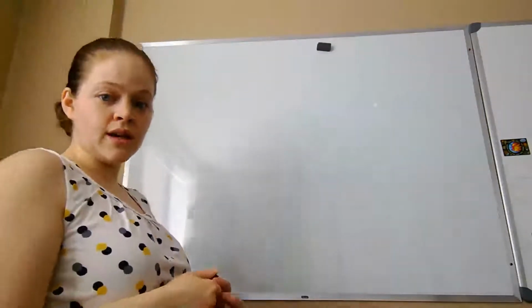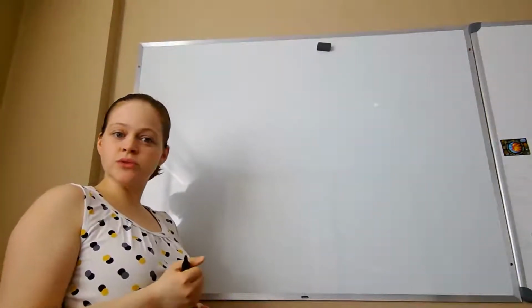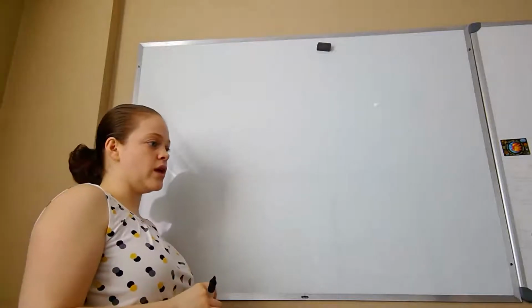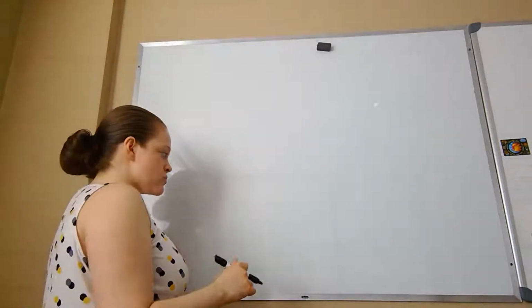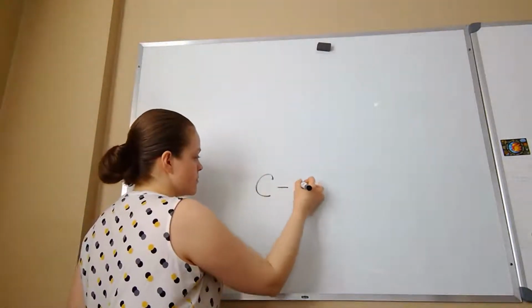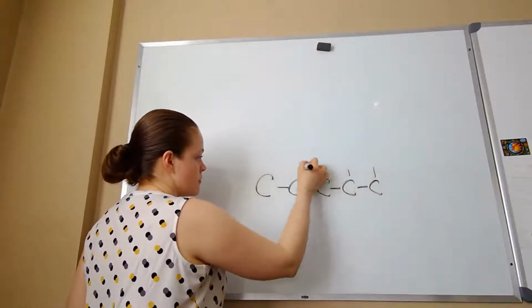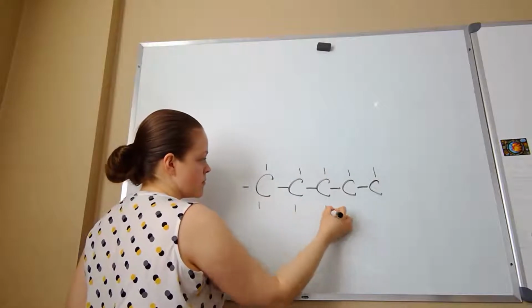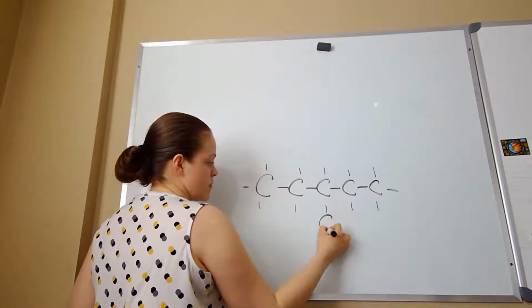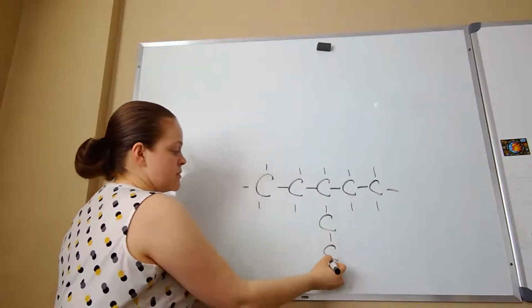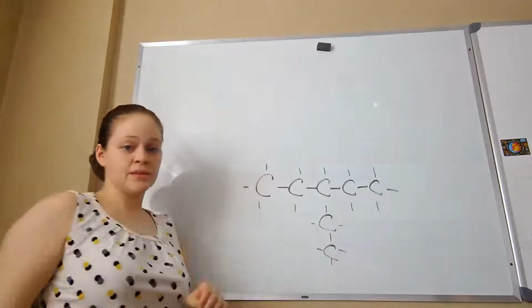And so we did have a chemistry question from grade 12. It is an organic one. They wanted to know if I have something like this, how do I name it?